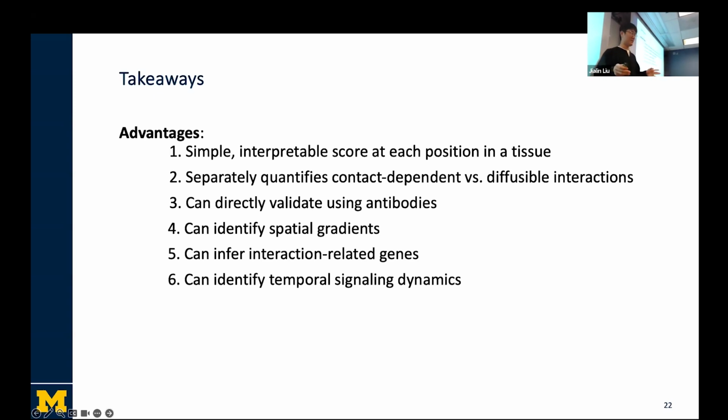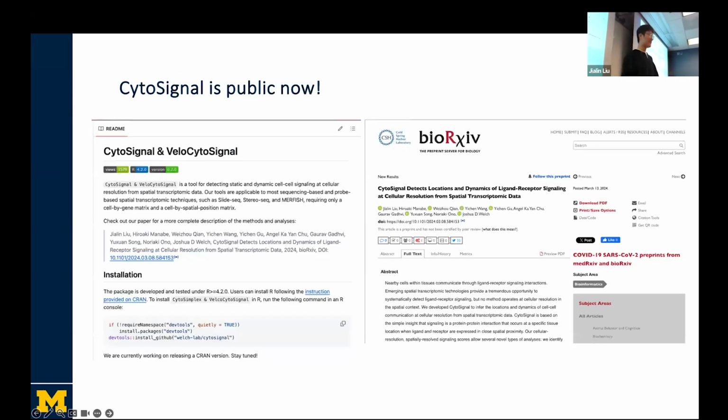We can validate using antibodies, we can identify spatial gradients, and we can infer the related genes for each ligand-receptor interaction. And finally, you can identify the temporal changes, or how the signaling changes over time.